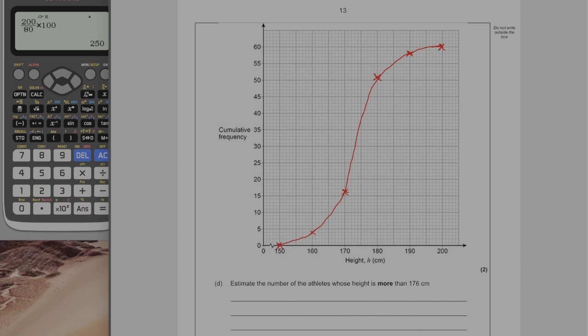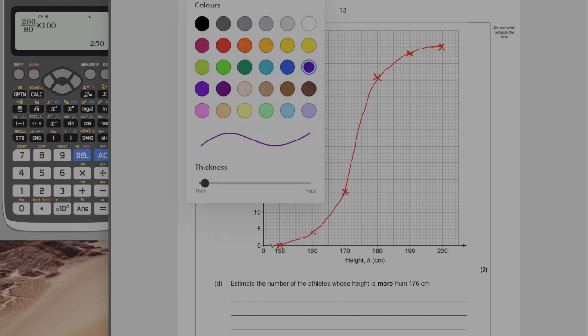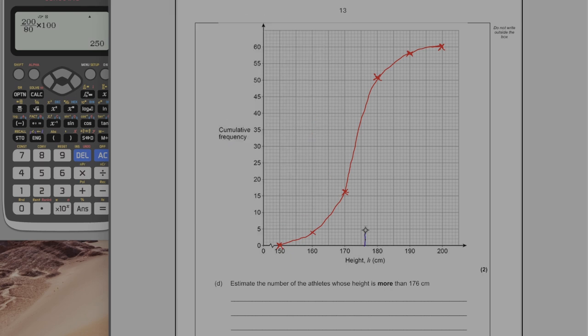Right, estimate the number of athletes whose height is more than 170. Sorry, 176. So 176 is going to be here. So we're going to go up to our curve from 176. Read across. So I'm making it roughly 40.